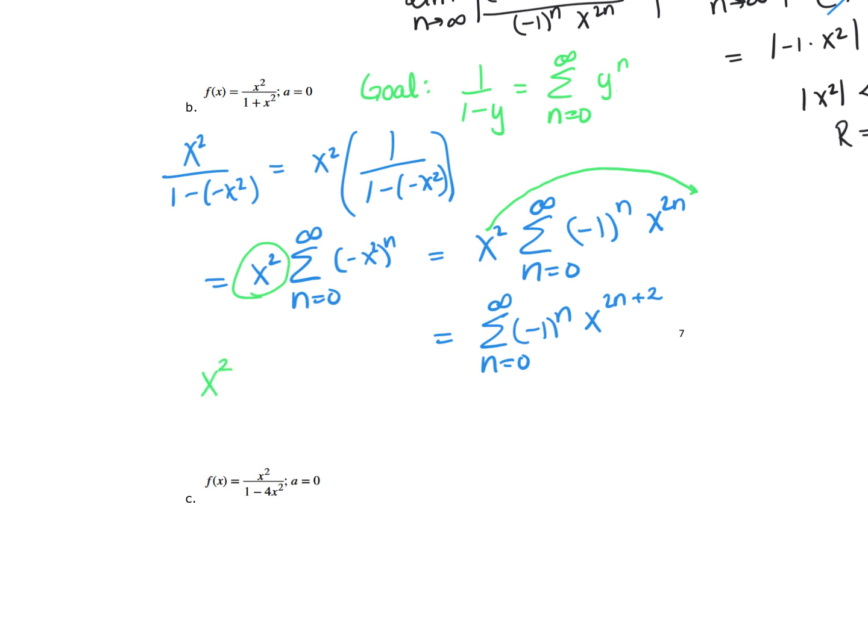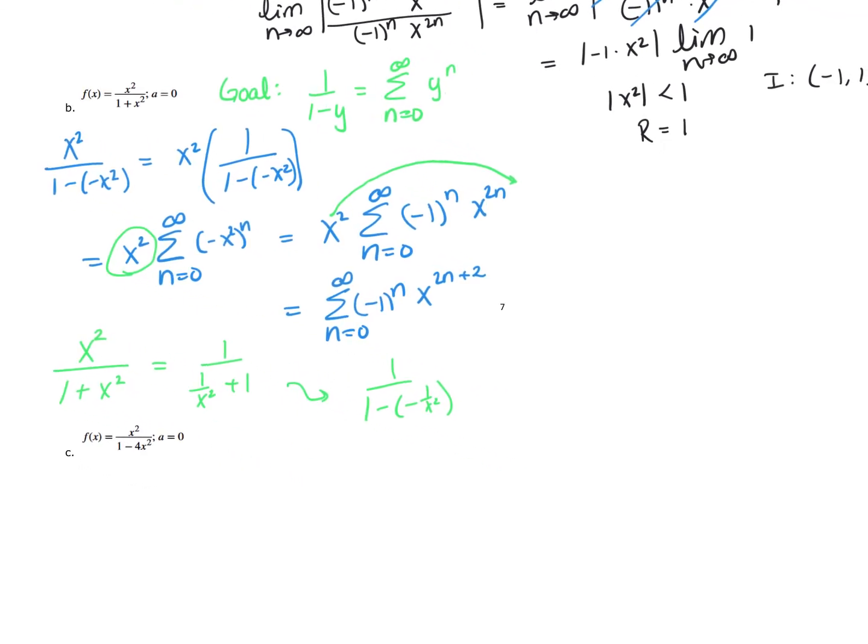If I started out with x squared over 1 plus x squared, and I divided each term by x squared, I get 1 over x squared plus 1, and then you're like, hey, can't we just write this as 1 over 1 minus a minus 1 over x squared? Well, the problem is that for our power series, we need this to be a polynomial. This is not a polynomial if I have negative exponents.